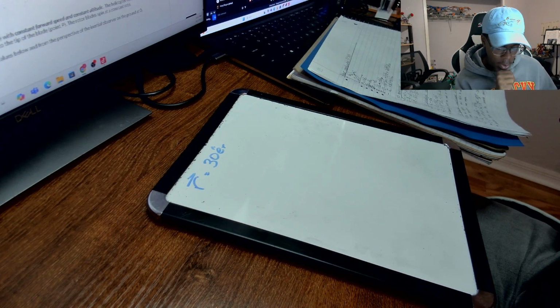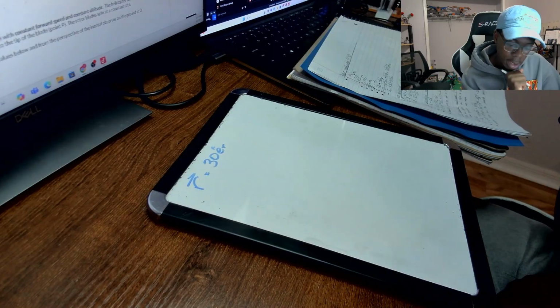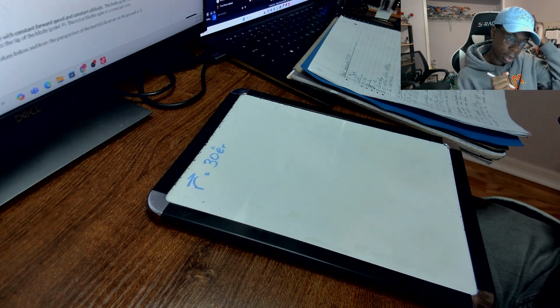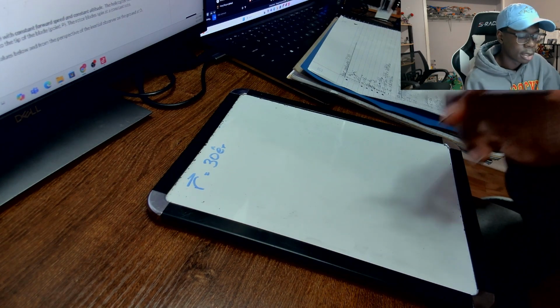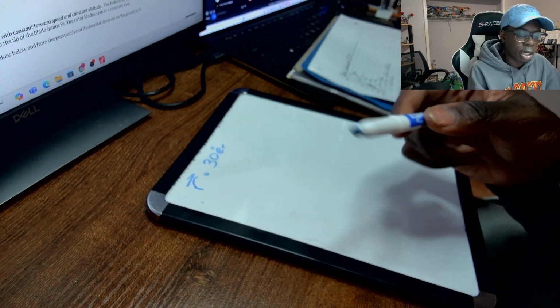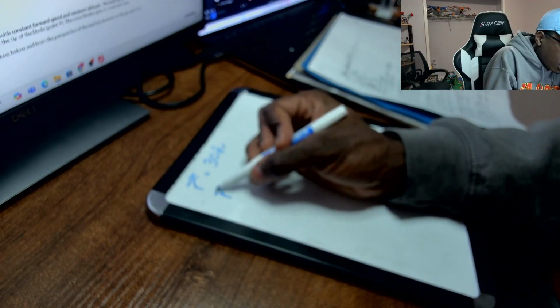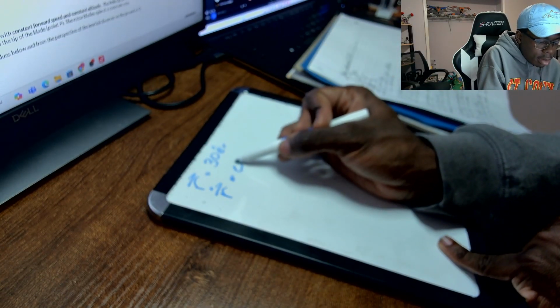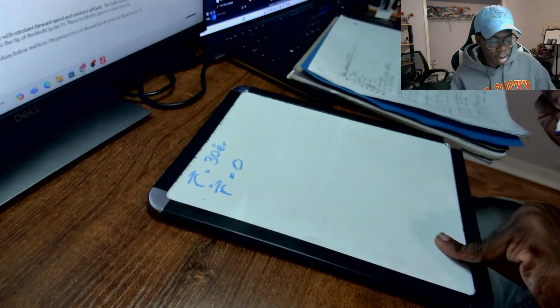And so I need to get this derivative. That's important. But the cool thing about this derivative is our radius is not changing. So the derivative of this in reference to time is just 0. So that makes that easy.